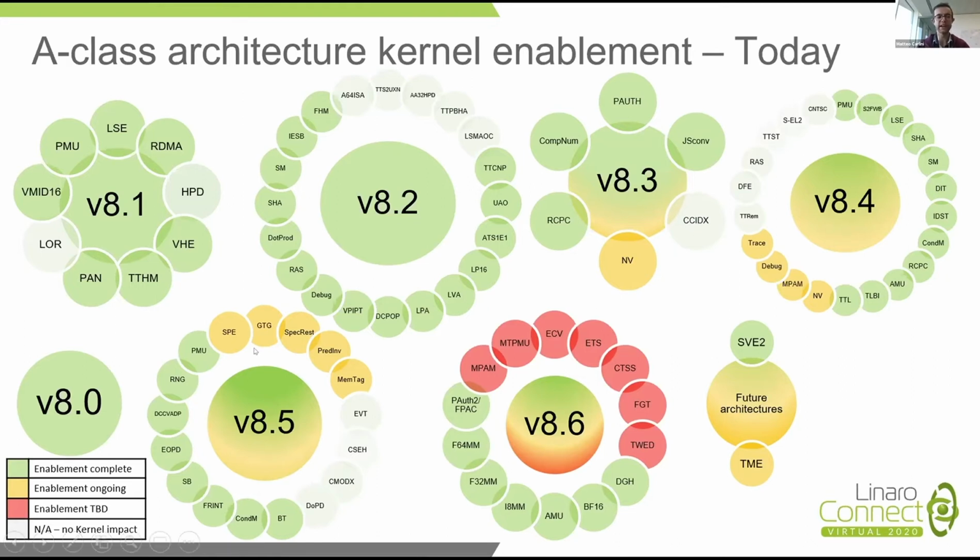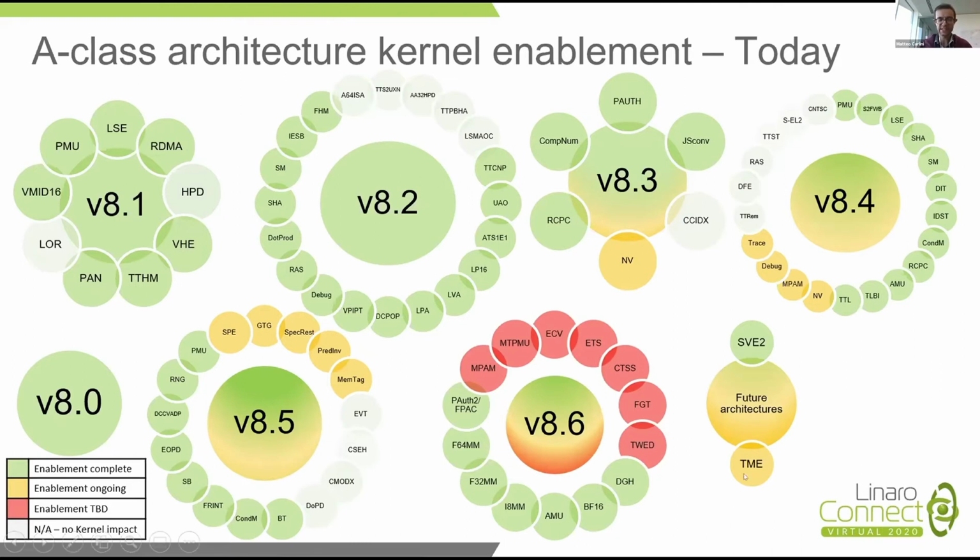And then there is the enablement of the statistical profiling extension, SPE, which was introduced in 8.5, but is one of those features which can be retroactively implemented. So it was listed as an 8.3 SPE feature.